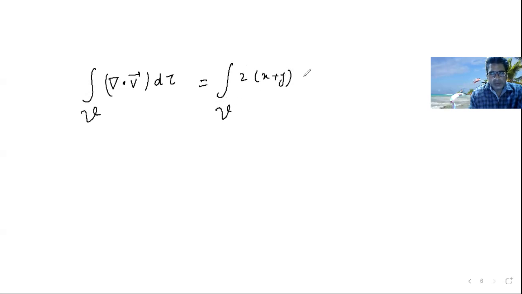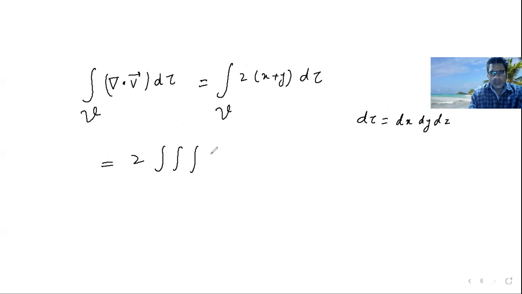Then here it is d tau. Now d tau is infinitesimal volume element, that is product of three things, dx, dy and dz, right? So 2 can be taken outside the integral. Then I have three integrals actually, with x plus y, dx, dy, dz.